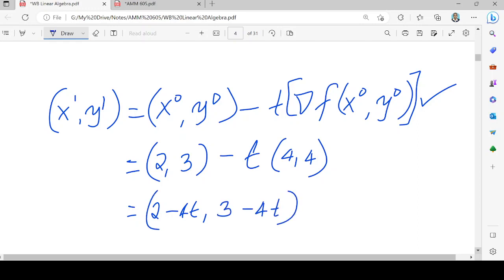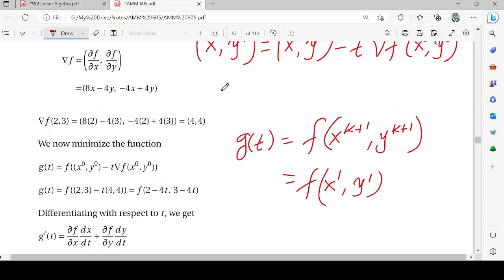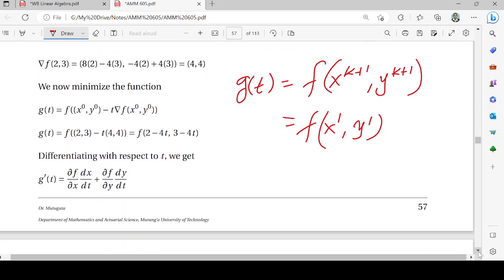So in this case, x1 is 2 minus 4t and y1 is 3 minus 4t. So those are the values. x1 is 2 minus 4t, y1 is 3 minus 4t. Then we now differentiate g.